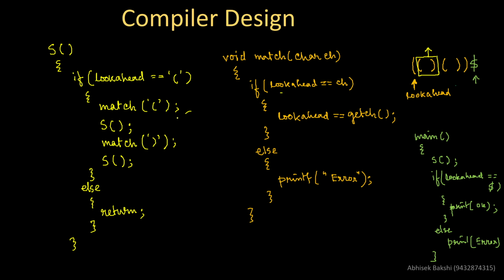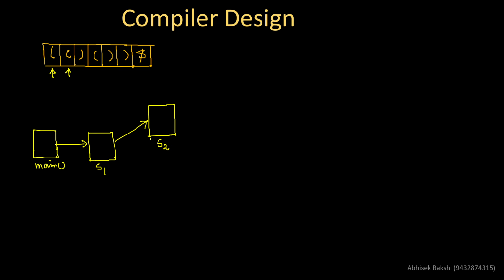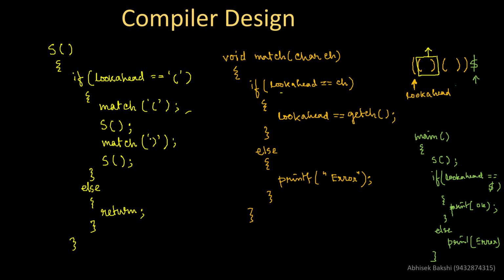I'm not writing the calling of the match function, because we can easily understand that the match function will be called only once, and either it will consume the character or it will throw an error. So I'm not keeping track of the match function, but I'm keeping track of the S function, because the recursion is actually vital, right?